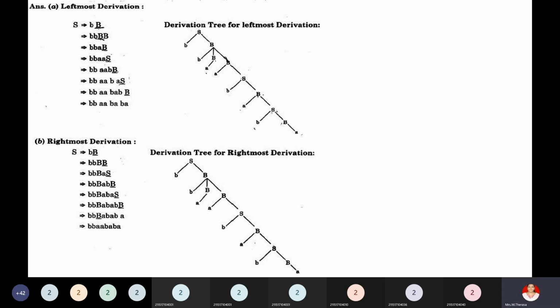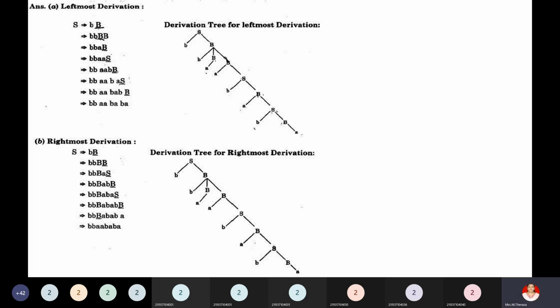See, first the leftmost derivation. You know that you always have to start with the start symbol S. And this S can be replaced by BB. Then you have only one non-terminal B, which can be replaced by BBB.